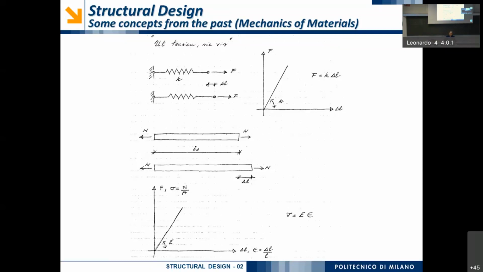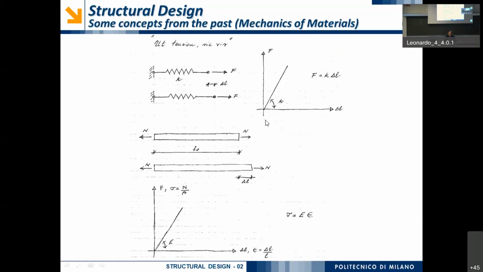Generally, the behavior of the spring or the behavior of an elastic element is characterized by its constant K, okay? When I apply a force F, I have an increase in elongation. If I apply a tensile force; if the force is in compression, of course, I will have shortening, okay?